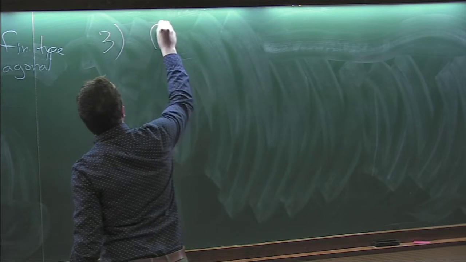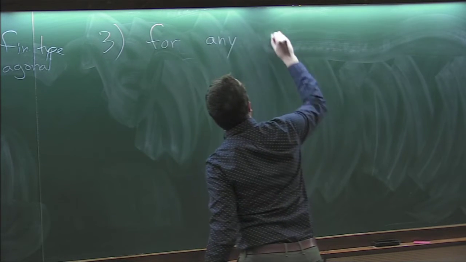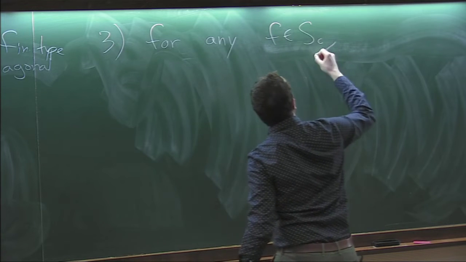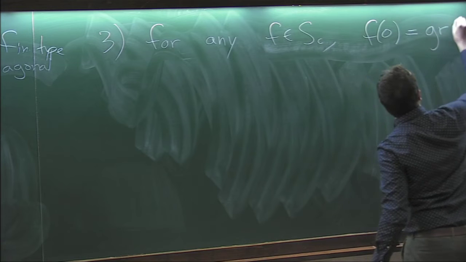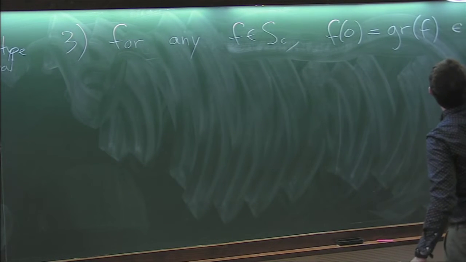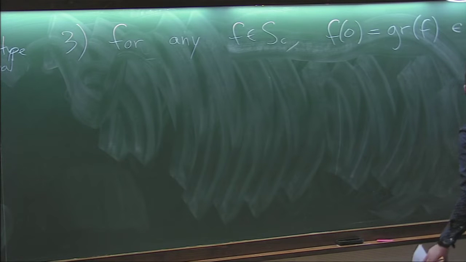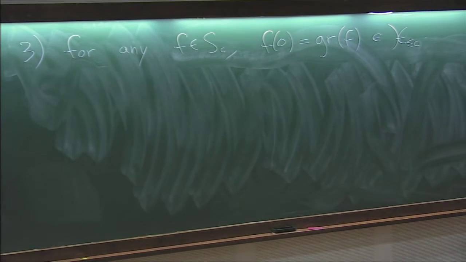And then the third thing is that for any f in S_C, f of 0, which I've mentioned is the associated graded of the filtration, is in X less than or equal to C as well. That's the fact that if you have a Harder-Narasimhan filtration, then its associated graded is no more unstable than the original thing you started with.